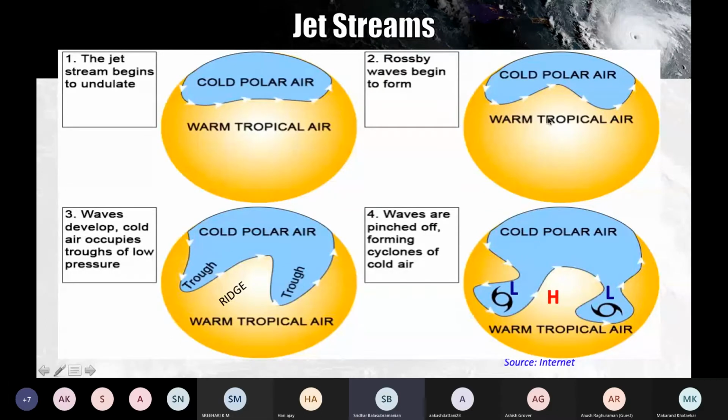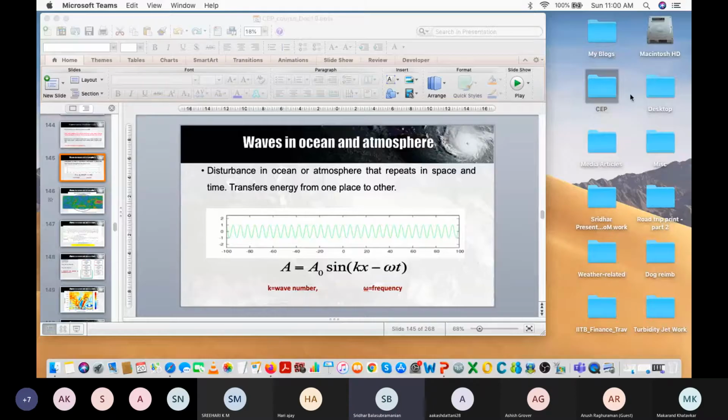Because this warm tropical air will start penetrating into the cold polar air, and it will slowly start undulating the jet stream. This particular phenomenon is known as undulation of the jet stream, and depending on how the gradient between the equator and poles behaves, finally this jet stream can pinch off and it can lead to the formation of a polar vortex.